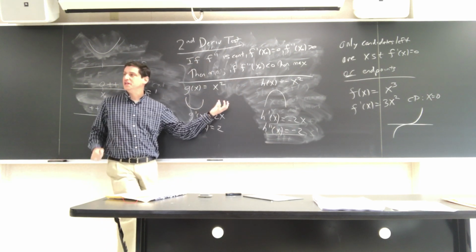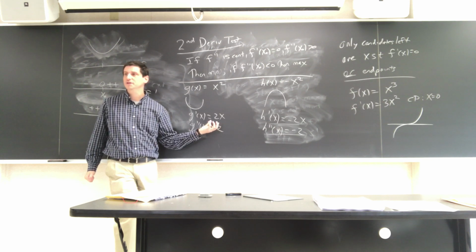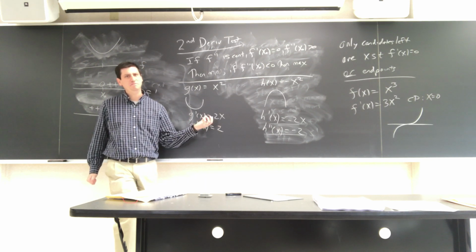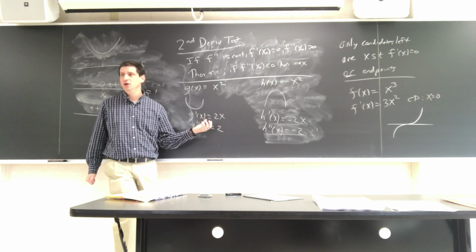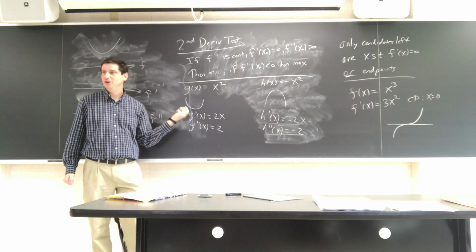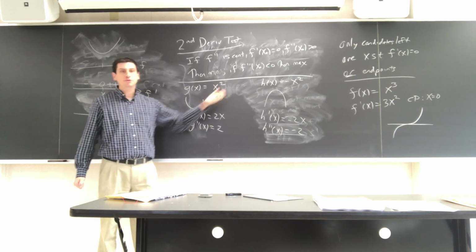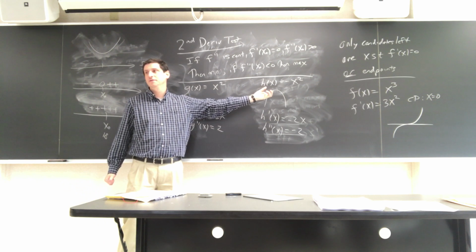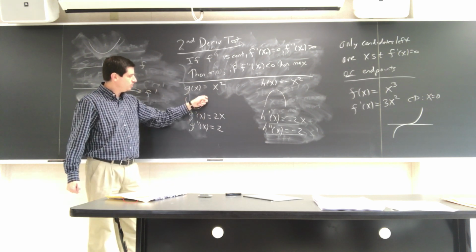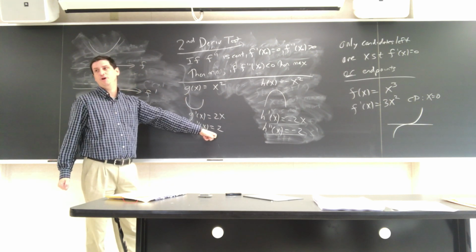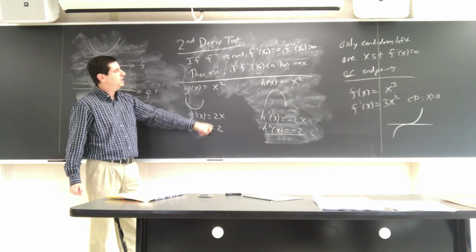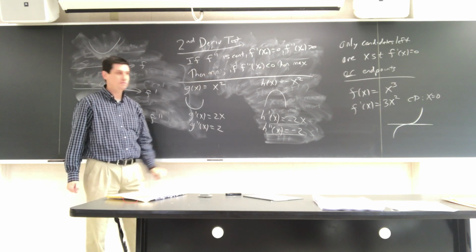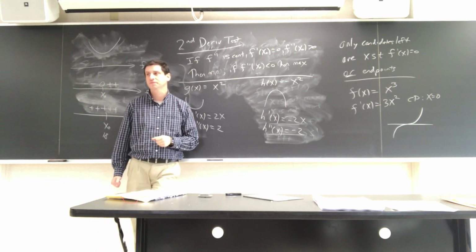So if I'm trying to remember, does positive mean minimum, does positive mean maximum? Well, let's test it on a function I know. I can plot x squared and negative x squared. Looking at this plot, I see it's a minimum, and the second derivative is positive. So it must be that positive goes with minimum and negative goes with maximum.